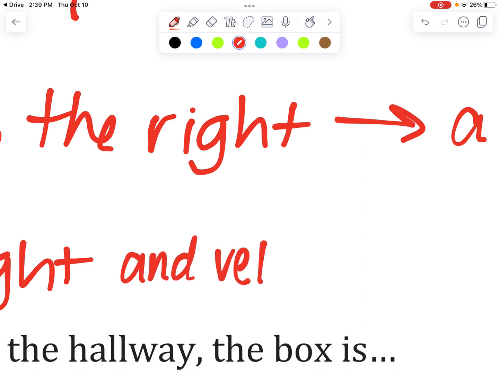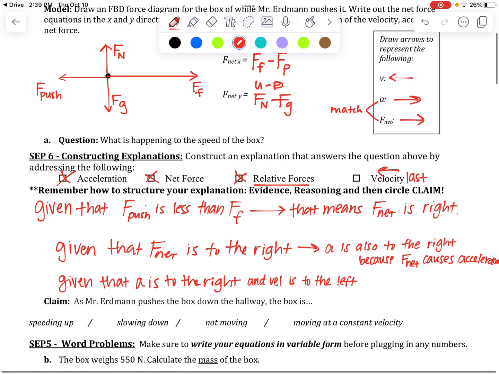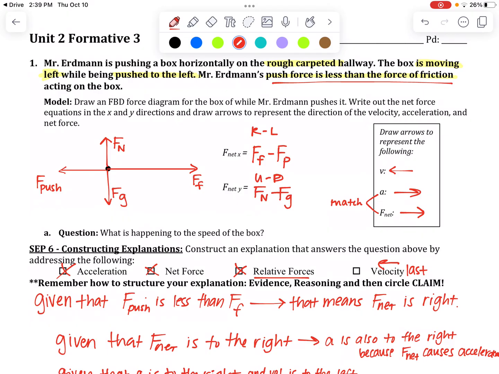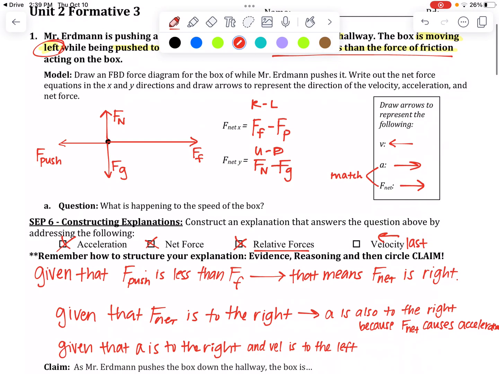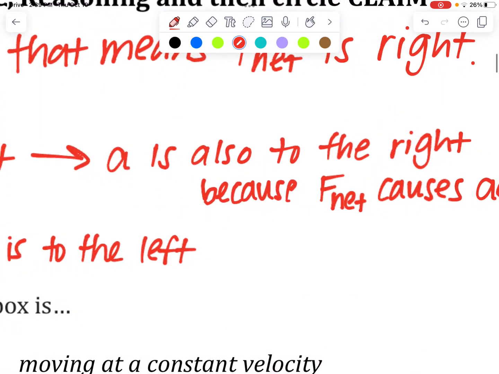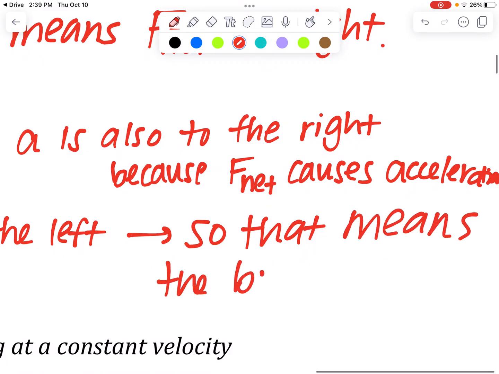And I know velocity is to the left from my diagram, from my notes, but also it says that it's moving left in the prompt. So that means the box will slow down because they're opposite directions.